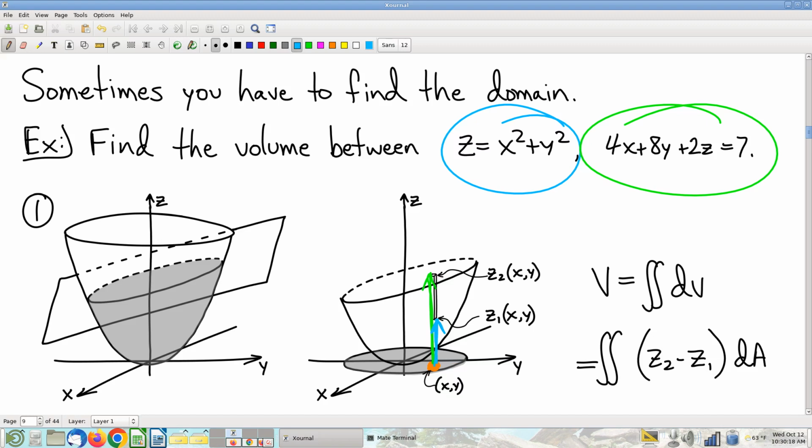Namely, there are different z's corresponding to this x and y pair down here. The intersection points we're looking for, points like this, are actually on the boundary of our domain. Those are the points where the surfaces intersect. Therefore, those are the points where the distance you go up to the plane is the same as the distance you go up to the paraboloid.